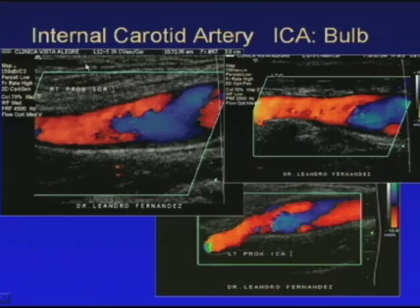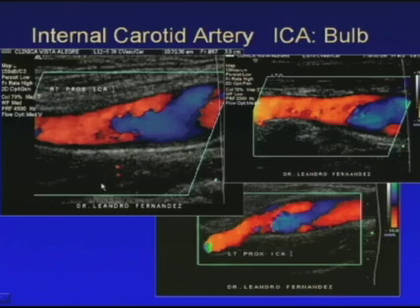And this is the representation of the internal carotid artery in the proximal segment, the bulb. In the bulb, we can observe, by using color Doppler, this bidirectional color flow. It is represented because we have a helical flow movement in this vascular segment.